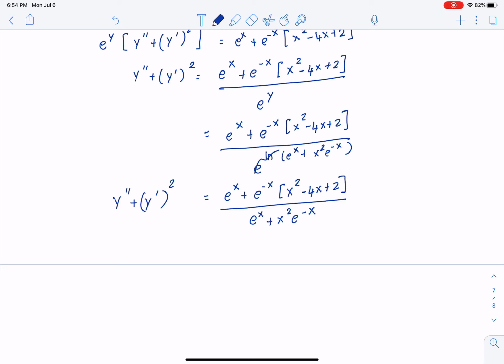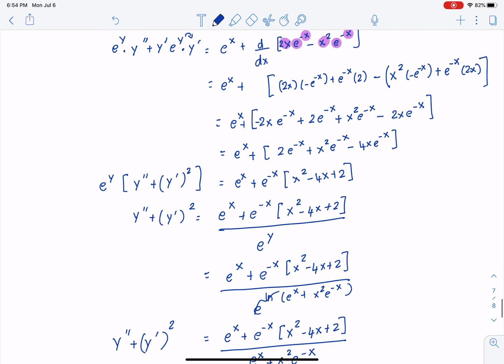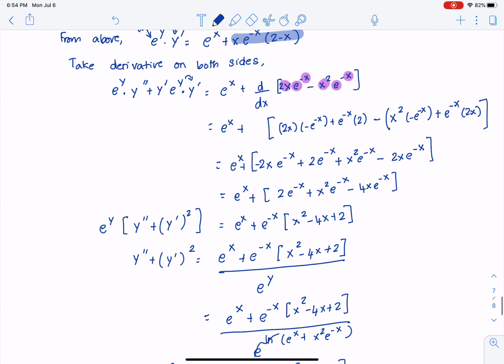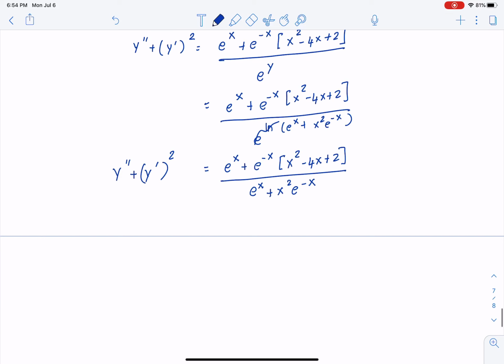Now you don't have to plug in y prime and try to solve this again, because if you know what y prime is, I could evaluate it as a function for any given value of x. And then I could take that and plug it here in the second equation.